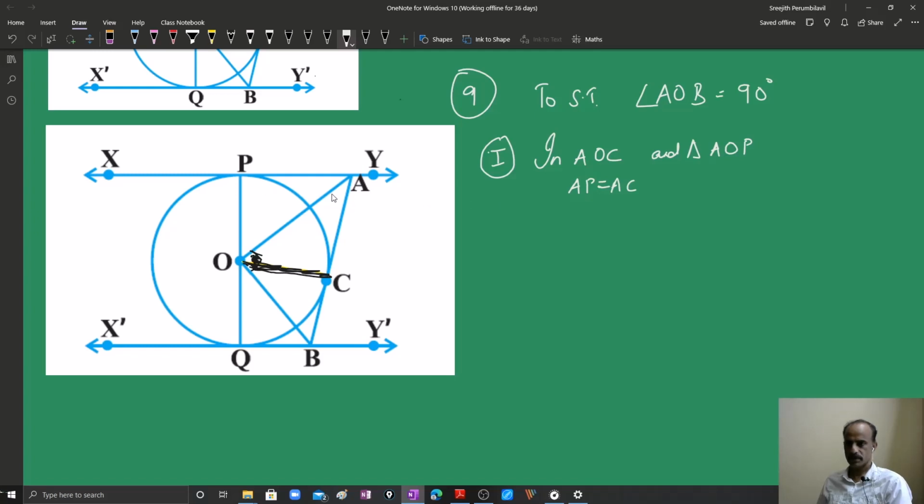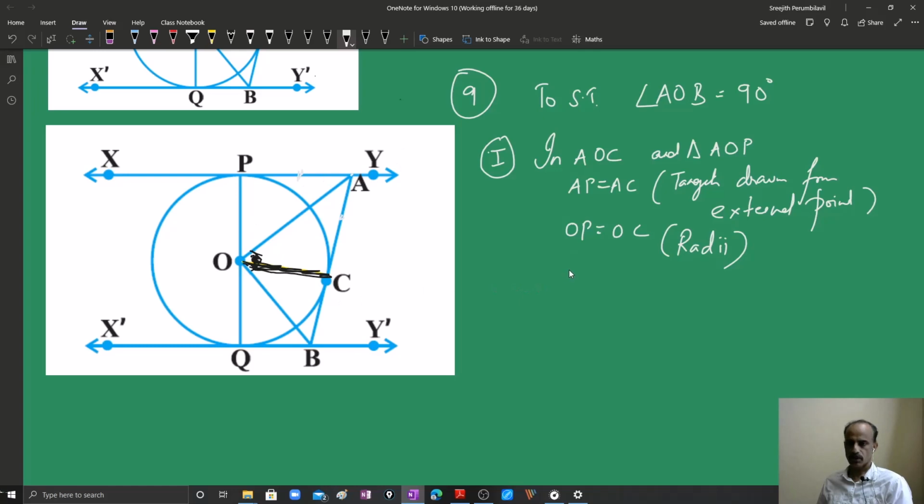Because those are two tangents drawn from the external point A. Similarly, OP is equal to OC, because OP and OC are radii of the same circle.